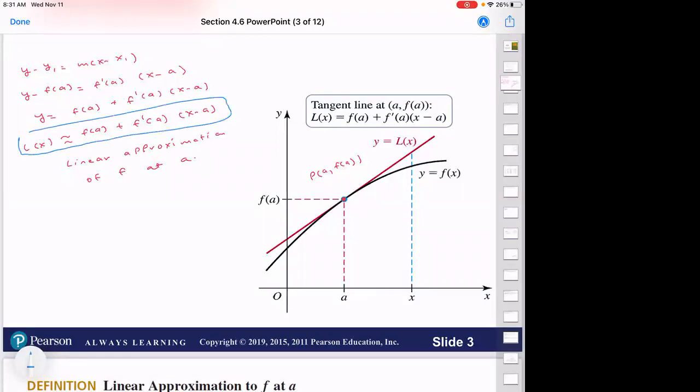You tell me if you understand the concept here. Do you understand this concept of linear approximation?